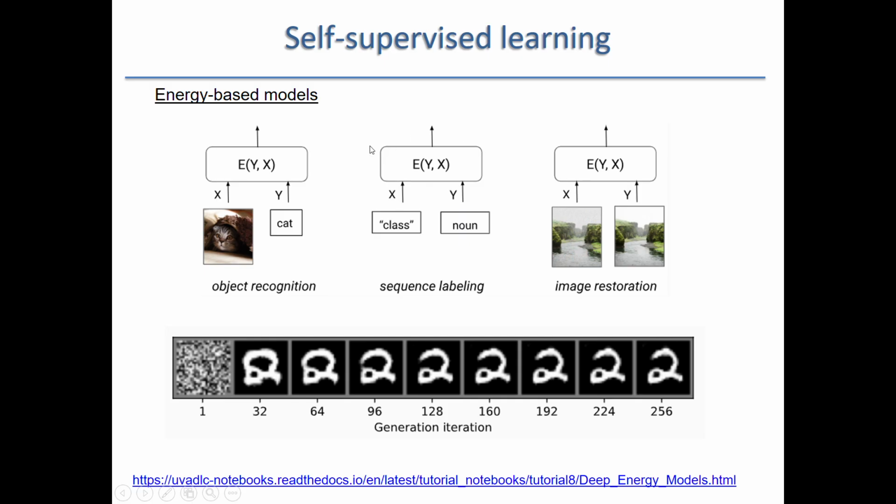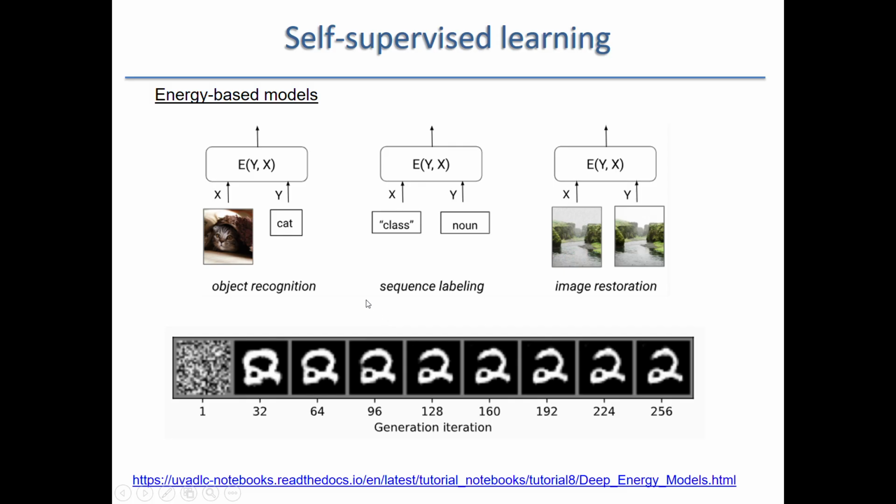And these energies have to be small when the two tokens match. Here it is the same for image restoration, where we can produce higher resolution images. Or we can have generation of input data, that is, generation of negative samples.